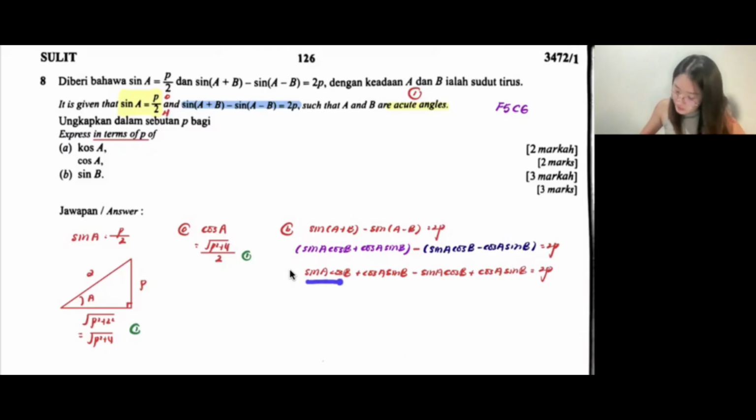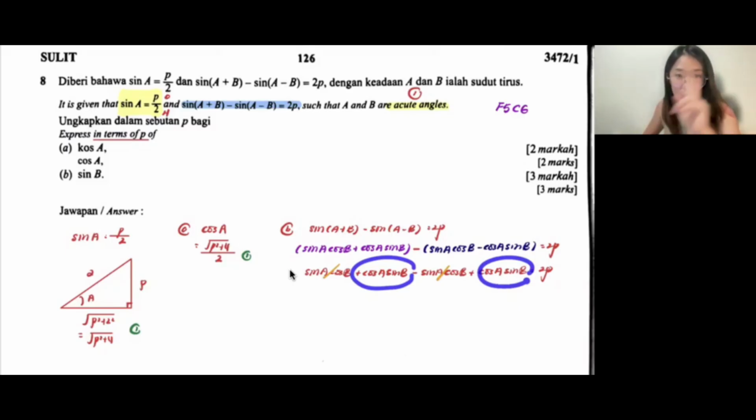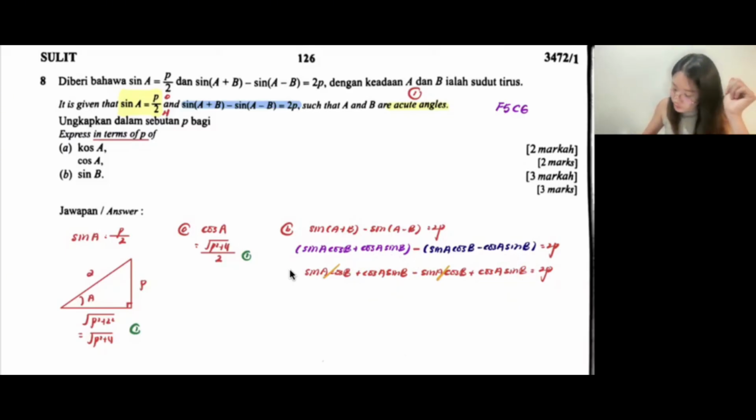You see sine A cos B and sine A cos B: plus, minus, no more. How about these two? Cos A sine B, cos A sine B. 1 plus 1 is 2, so 2 cos A sine B equals 2p. 2 and 2 can cancel, so you have cos A sine B equals p.